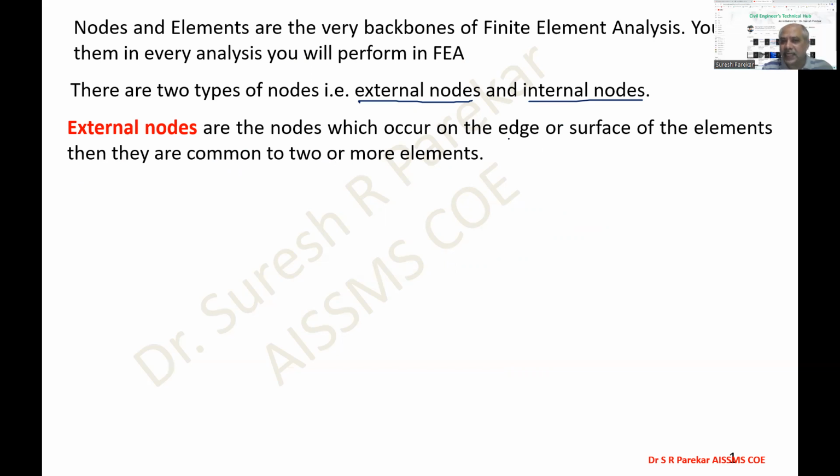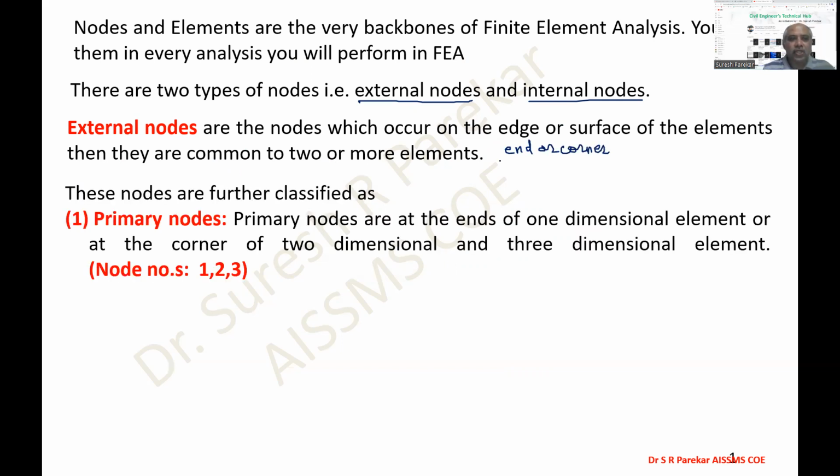So these are at ends or at corners. These nodes are further classified: primary nodes are at the ends of one-dimensional elements or at the corners of two-dimensional and three-dimensional elements.